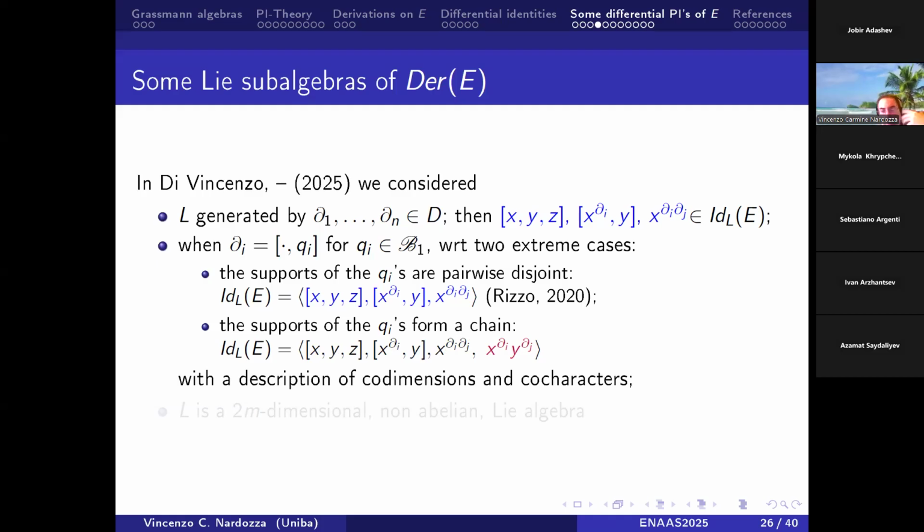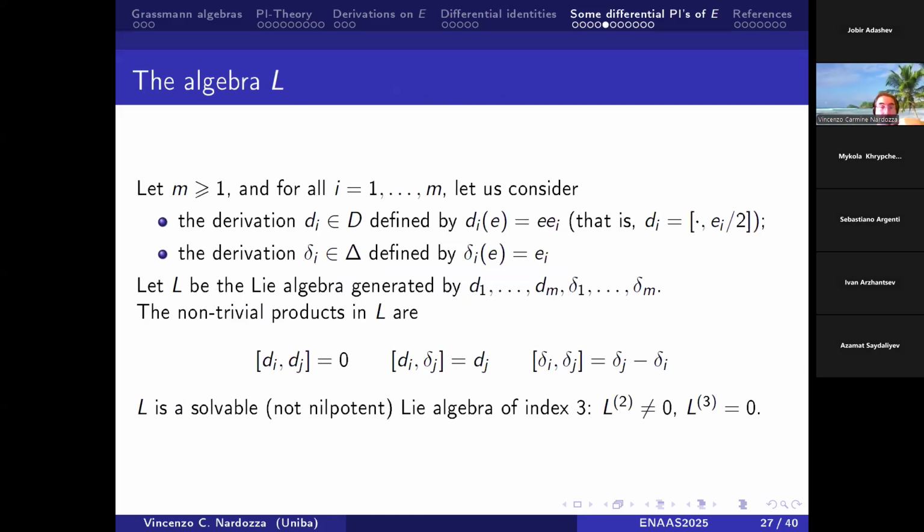Then we can describe the codimensions and co-characters of this algebra. Then we consider a more difficult case. We consider the algebra of dimension 2m, which is not abelian. Precisely, we consider any fixed map. If we have a constant map, there are two ways to define derivations.